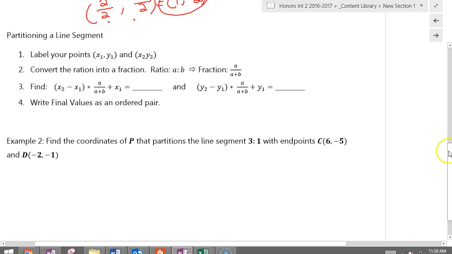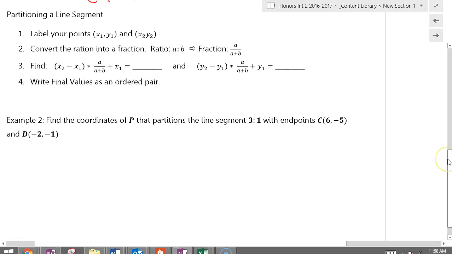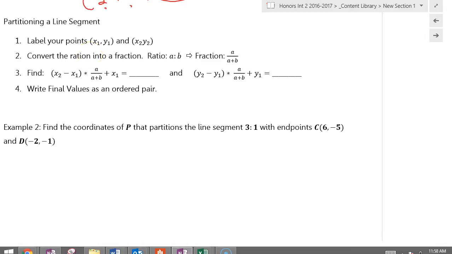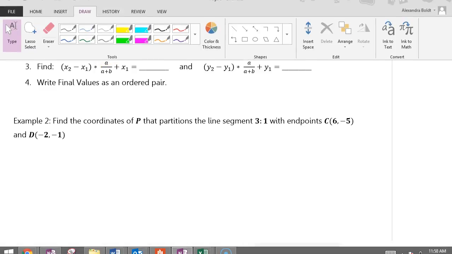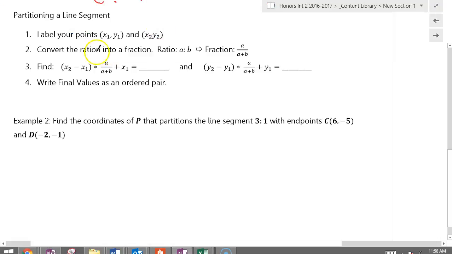So when I'm partitioning a line segment, we have our 2 points still, x1, y1, and x2, y2. Okay? This should say convert the ratio into a fraction, not the fraction into a fraction. Like so, right? So convert your ratio into a fraction. So if the ratio is a to b, your fraction would be a over a plus b. And we'll do some examples with that.